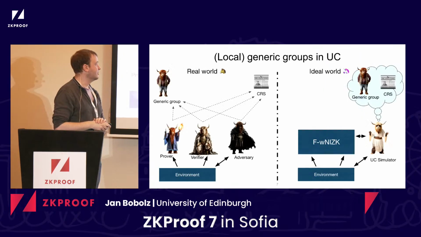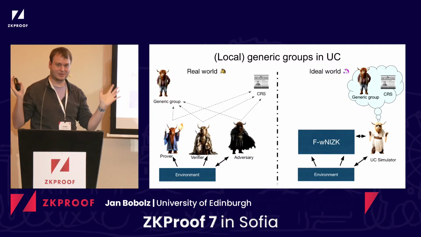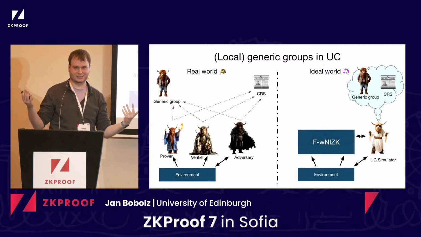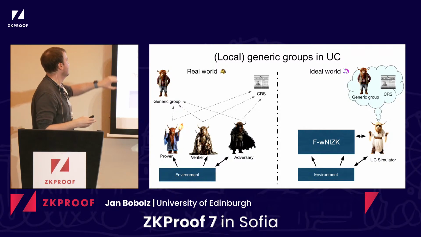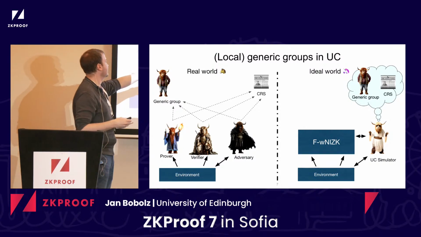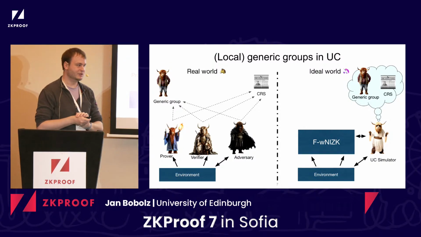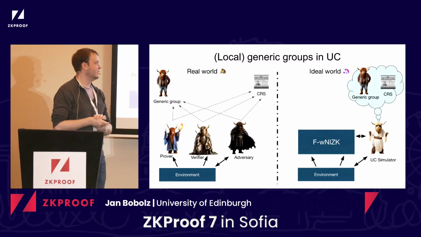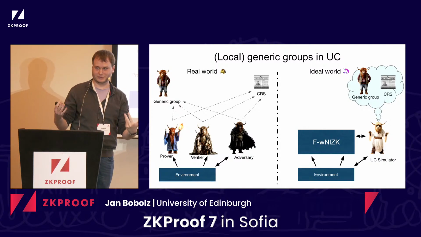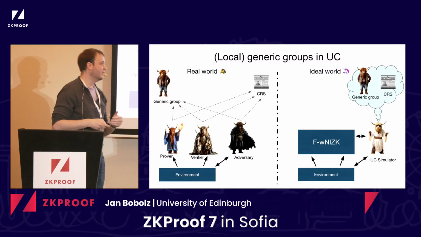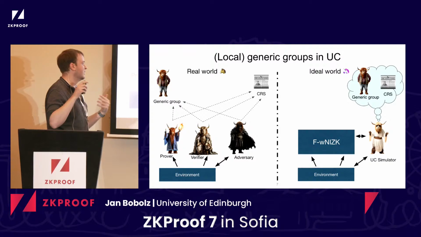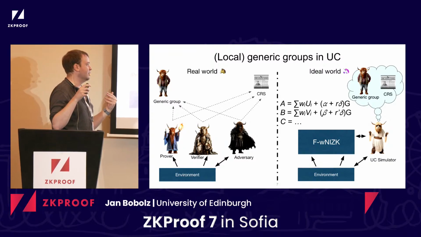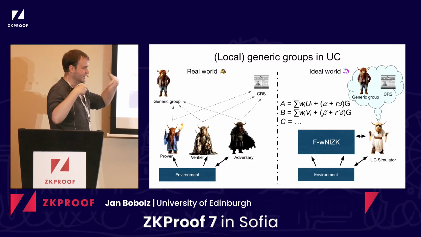And then what we could do is, okay, let's treat the generic group just like the CRS. So we say, in the real world, these parties also have access to this generic group, in addition to the CRS. And then in the ideal world, this simulator basically gets to take over the generic group. This would work, in particular, when it comes to extraction.